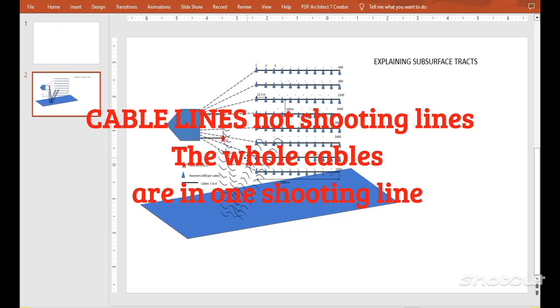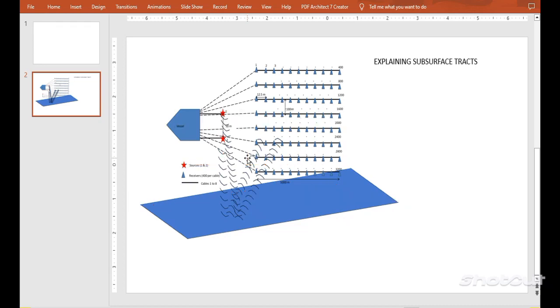So if you are using two guns and you have 4 cables, then you have 8 subsurface tracts or 8 subsurface positions.